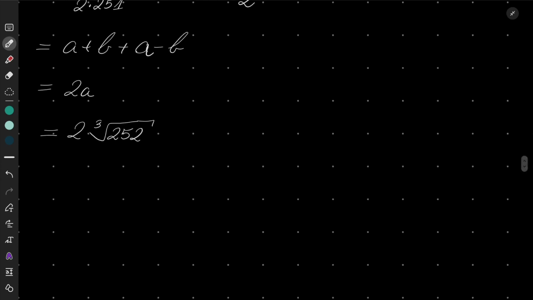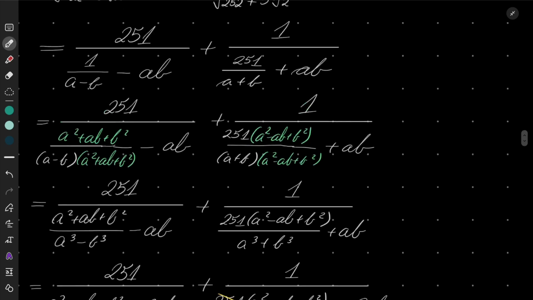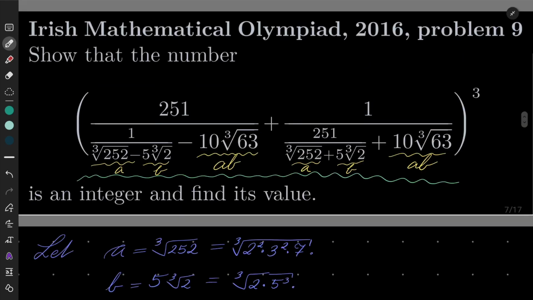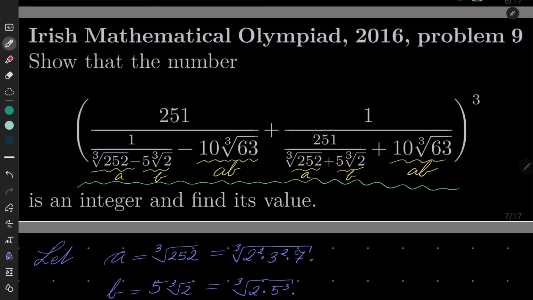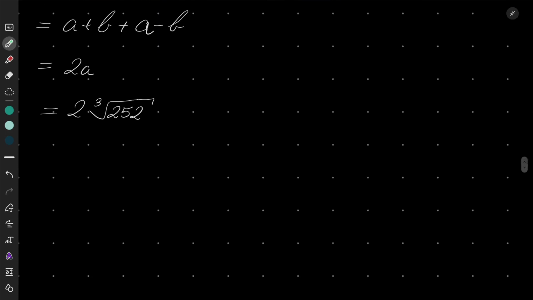Okay. Remember that that is just the sum of my fractions. In our original problem, there is also a cube, third power right there. So I just have to raise my result to the third power.